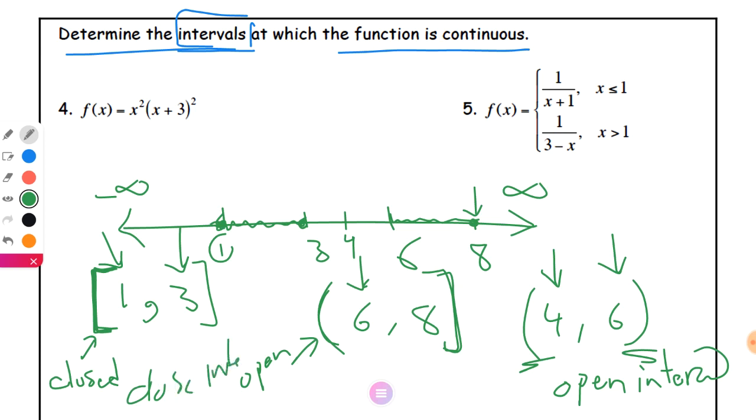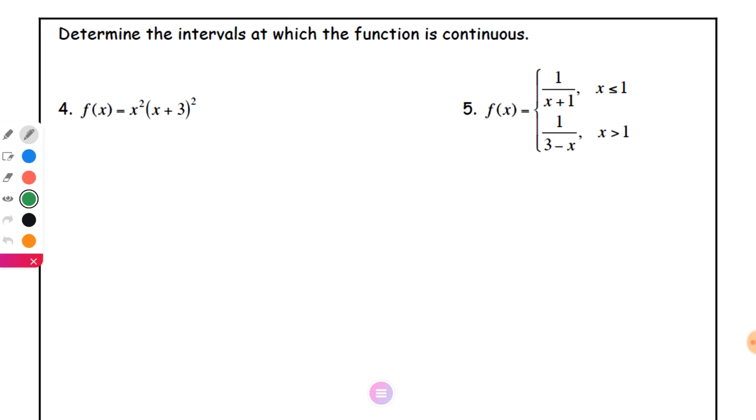I remind you of something you learned before: how to express a set of numbers on the number line. Understand? 4 and 6 will be the numbers between 4 and 6. This means 4 not included, 6 not included. Please be careful.